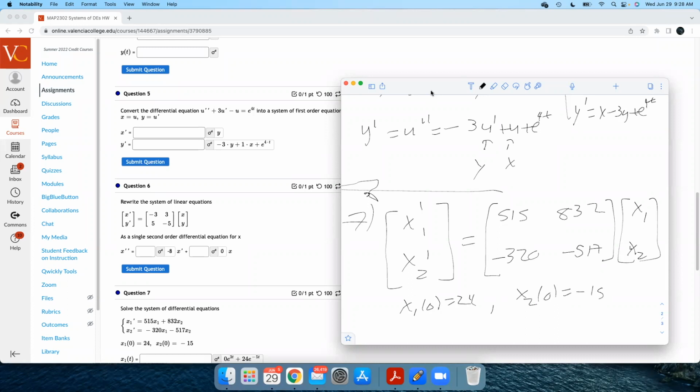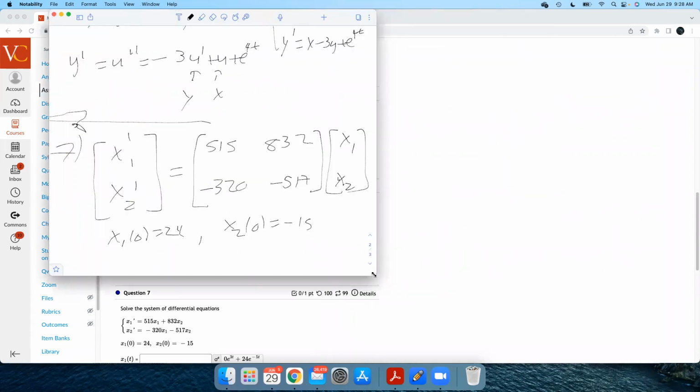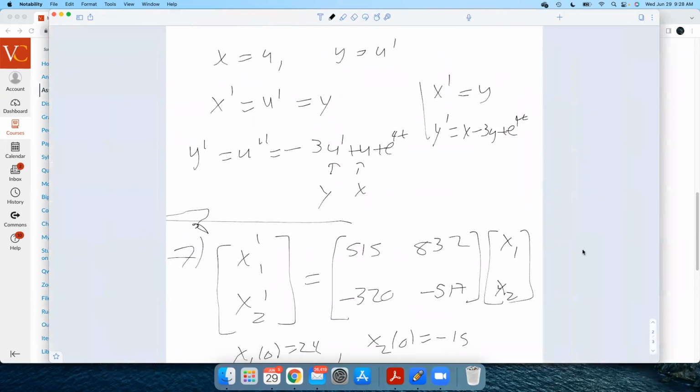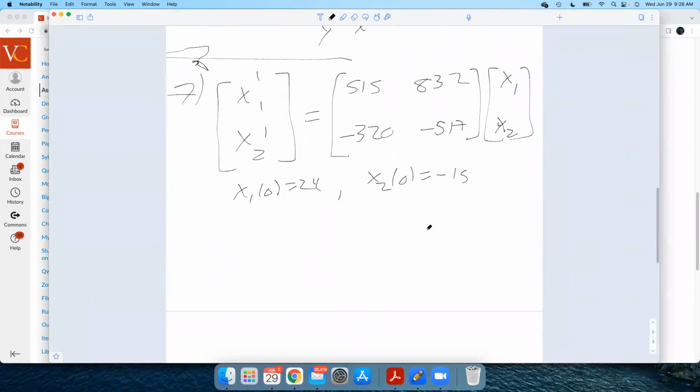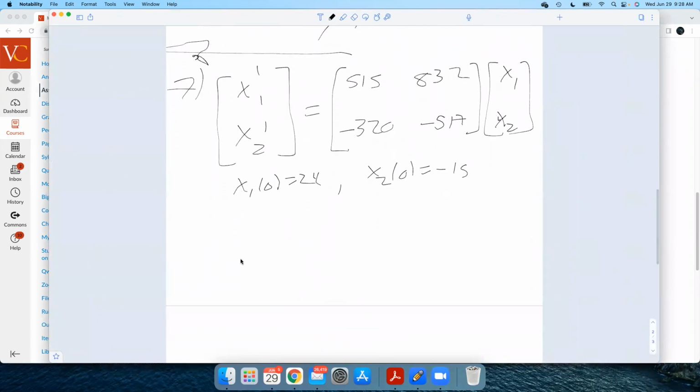Okay, so let's get this set up. Let's get our characteristic polynomial here. Let's set up our determinant equation. We want the determinant of 515 minus lambda, 832, negative 320, negative 517 minus lambda to equal 0.